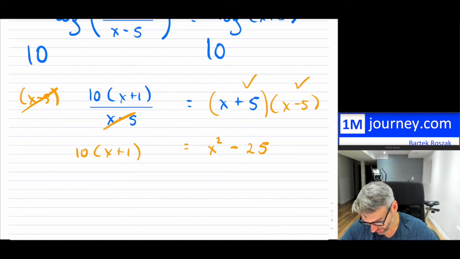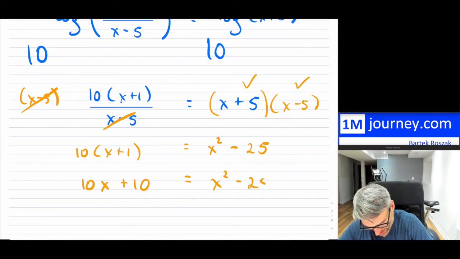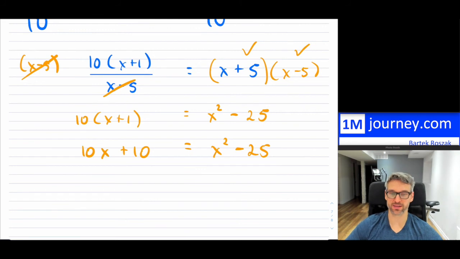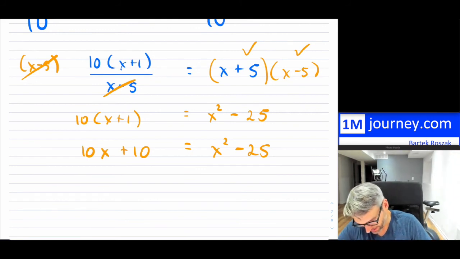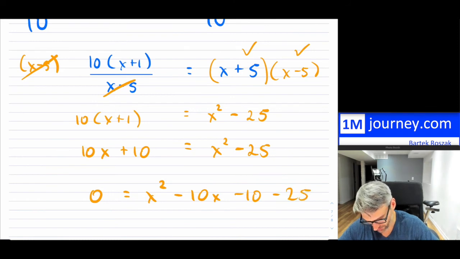And so now, I guess we're stuck again. I'm going to put this back in here because we have another quadratic. So I'm going to bring everything to one side. Let's bring all of these over. So x squared, and I'm going to bring in minus 10x, minus 10, minus 25. I just brought those over to the right.